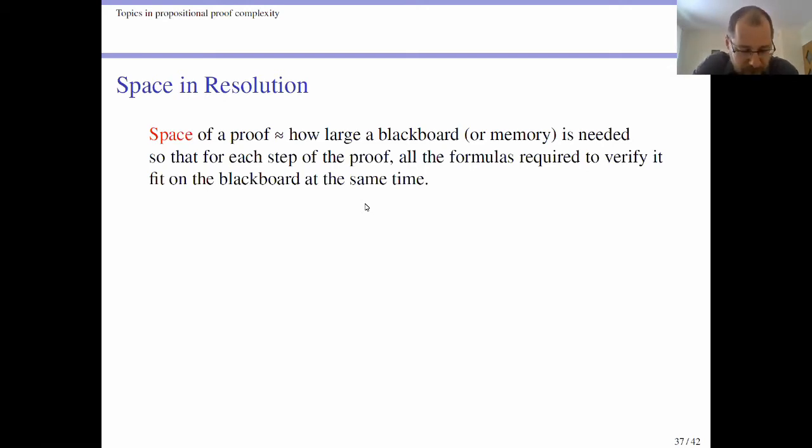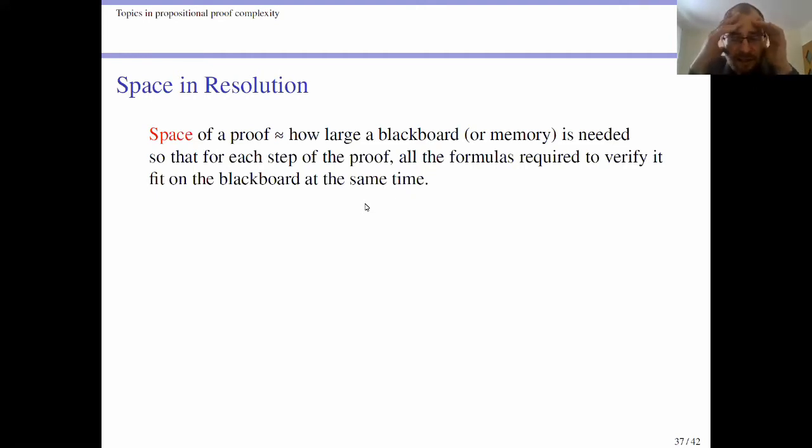And the space of a proof is basically how large a blackboard you need, or how much memory you need, so that you can go through that proof using that particular blackboard or memory, so that at any time when you're doing an inference, when you want to derive one line of the proof from some earlier lines, all the earlier ones are on the board. Okay, so a definition is coming up in a moment, but that's the intuition.